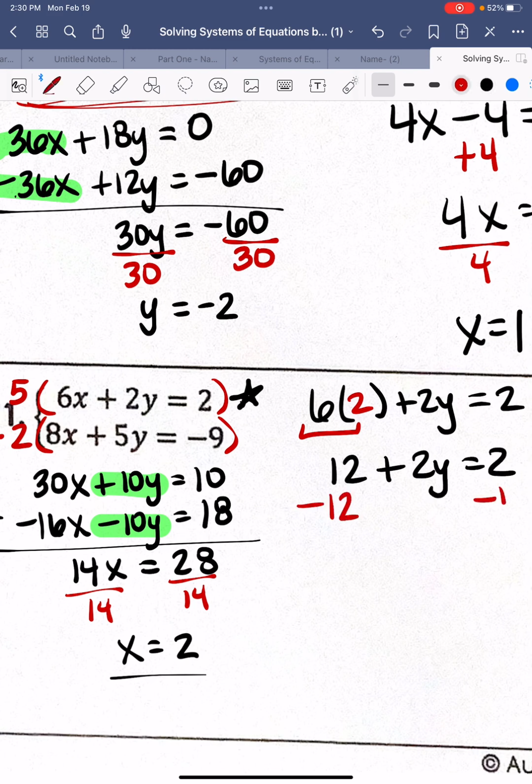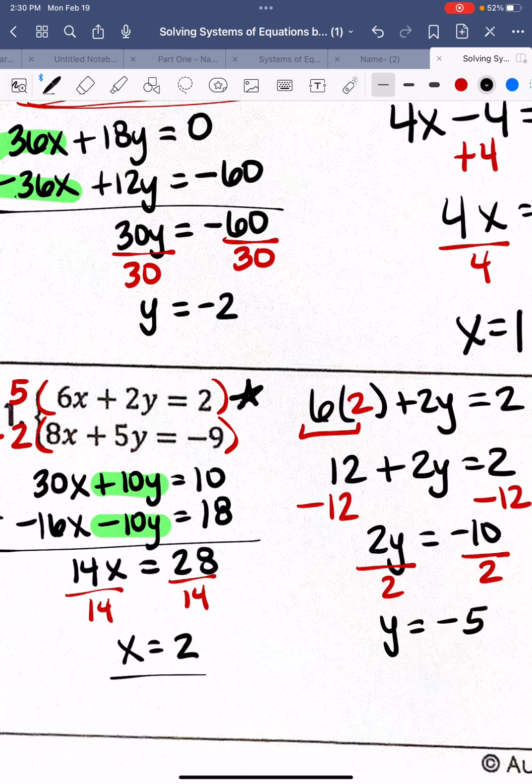You want to get rid of the number again, not attached to the letter. So you have that 2y is equal to 2 minus 12, which is negative 10. Dividing by 2, you got y equals negative 5. So that means your coordinate point is 2, negative 5.